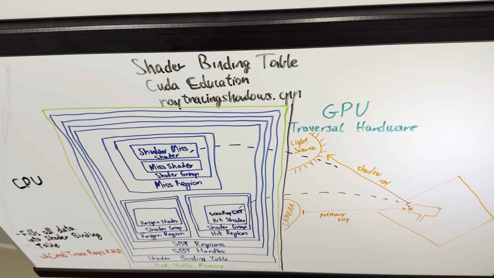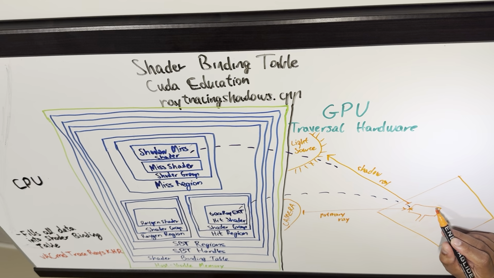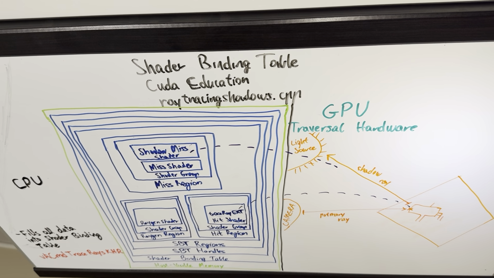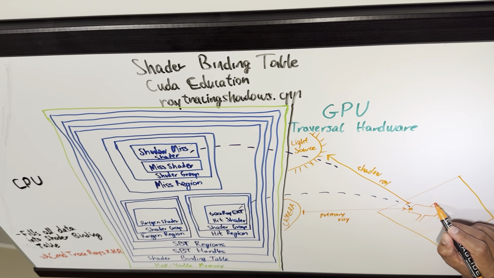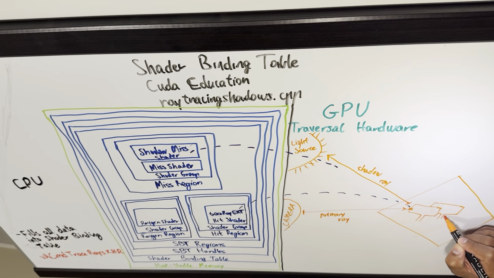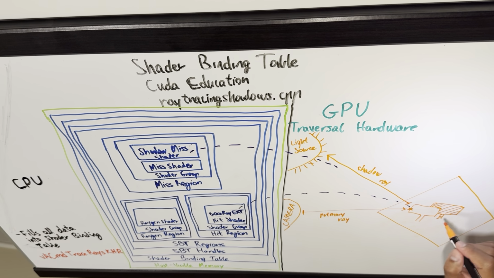Now let's say this is the shadow, basically behind the object.